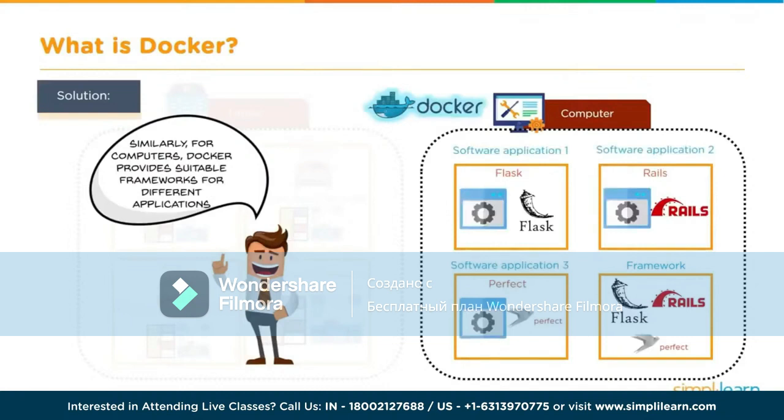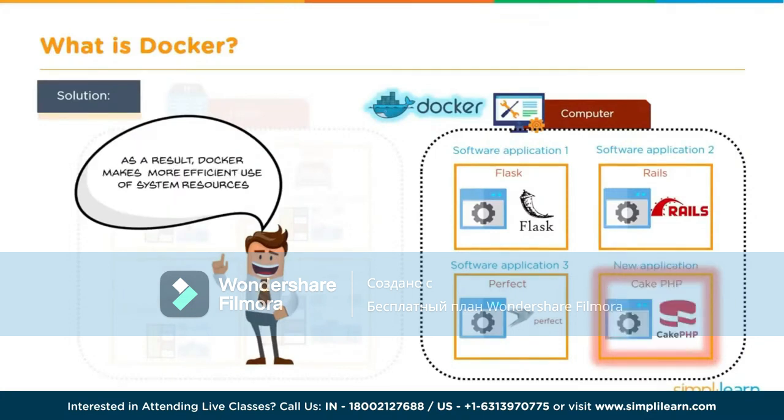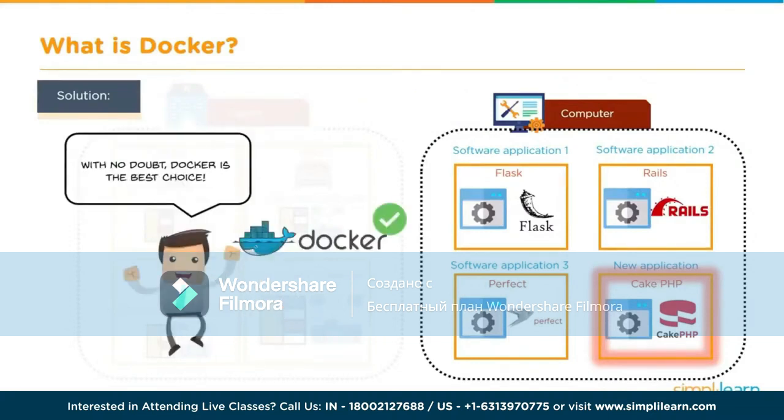And since every application has its own framework and suitable version, the area that we had previously stored for a framework can be used for something else. Now we can create a new application, in this instance a 4th application that uses its own resources. With these kinds of abilities to free up space on the computer, it's no wonder Docker is the right choice.